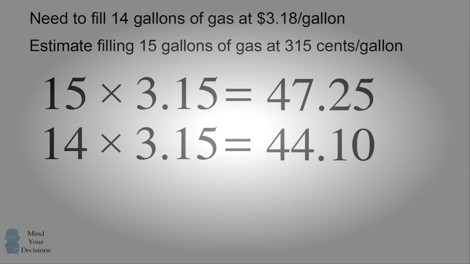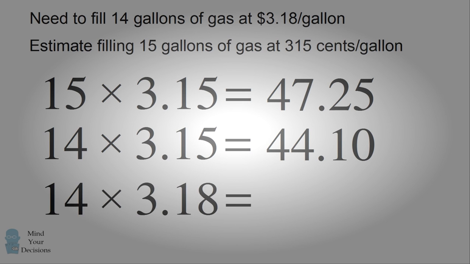So we figured out that 14 times 3.15 is 44.10. And this is extraordinarily close. We wanted to solve 14 by 3.18, and that's 44.52. So using this process of multiplying two numbers ending in 5 and doing a slight modification, we actually were able to get within 42 cents of the exact answer, and we could do this all in our head.